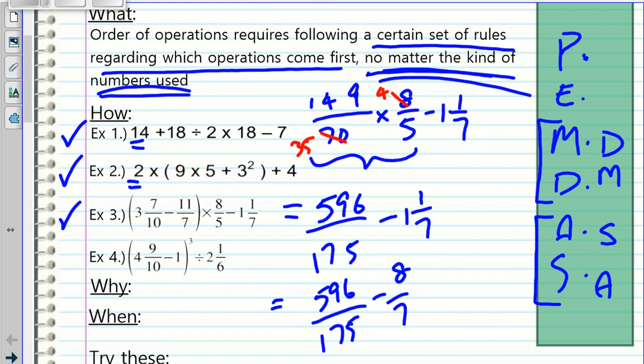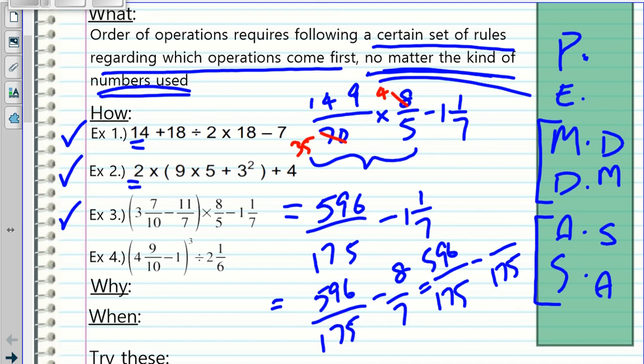Oh, it's actually 175, I think, because 7 can go into 175. Let me just double check up here. Yeah, okay, not bad. Actually, this question is fairly well written. So the lowest common denominator, LCD, is 175. So that's not bad, it's okay.